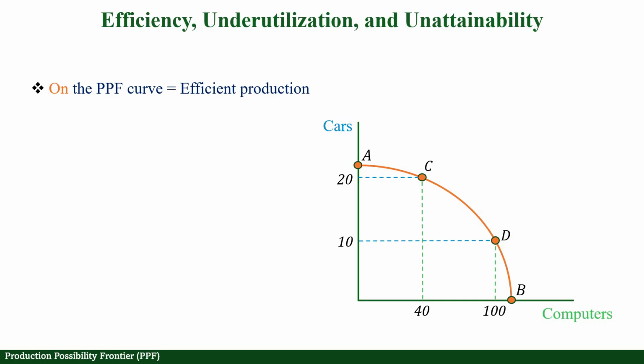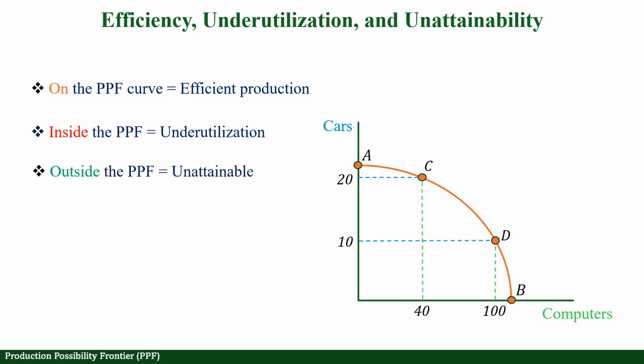So all points on top of that curve show the efficiency condition. We can also consider the points inside the PPF, which represent the underutilization of the existing resources. And the final condition is outside of the PPF, which is unattainable.